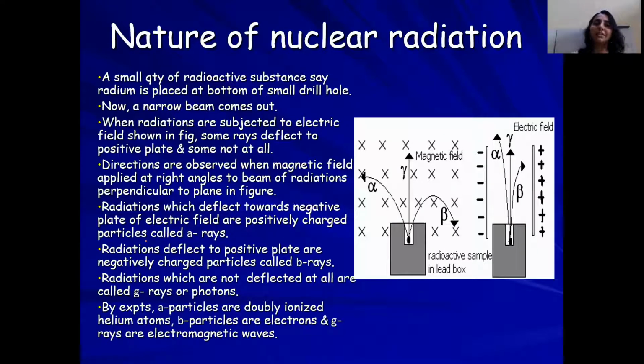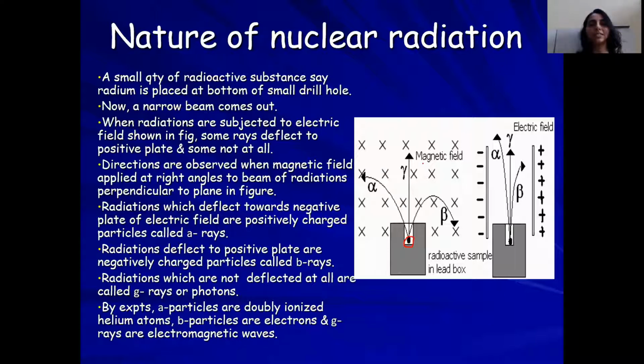So what are these radiations and what are their properties? Let us see. If you see in the diagram, the radioactive material is placed inside a lead box, because lead obstructs all types of radiations.